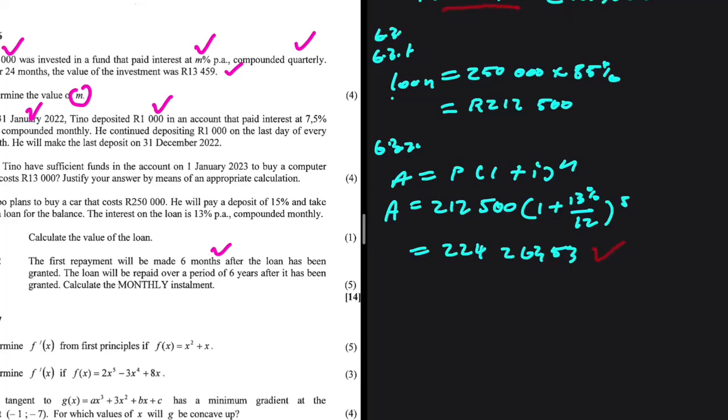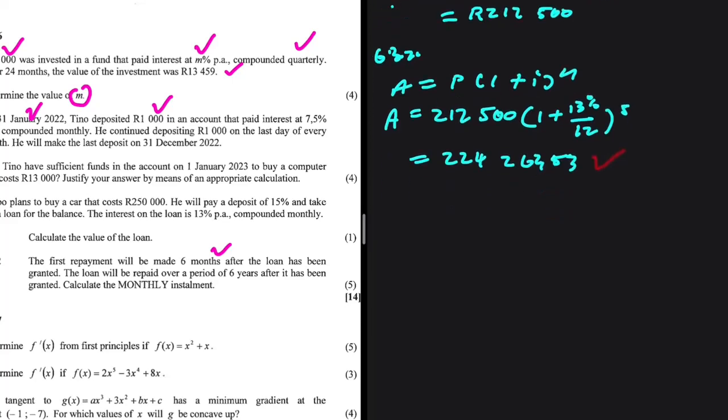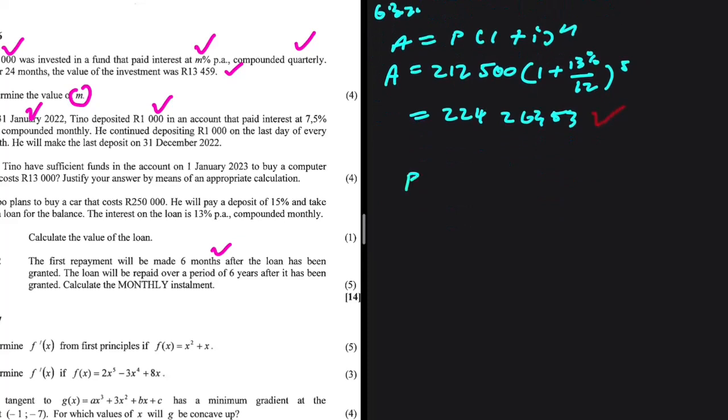Let's go ahead and compute the next part of our problem. We know fully well that when we are repaying a loan, we use P is equals to x multiplied by 1 minus 1 plus the interest, everything to the power minus n, everything divided by i.